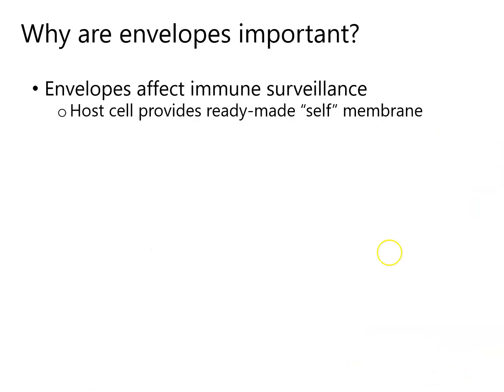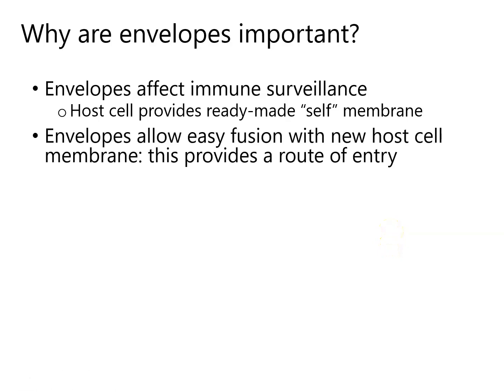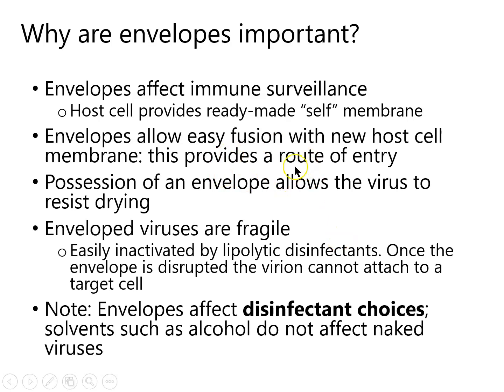So envelopes matter because they affect our ability to find the viruses using the immune system. They help the virus get into cells and they protect a virus. But there are two practical things to know about envelopes when you're thinking about protecting yourself from viruses.